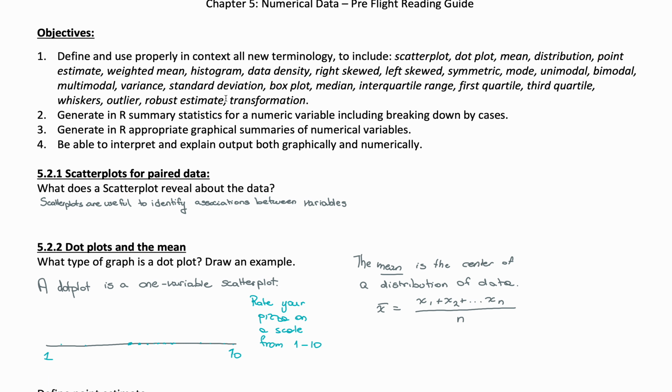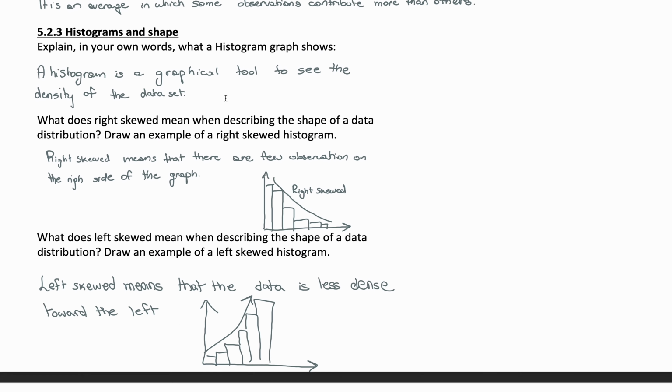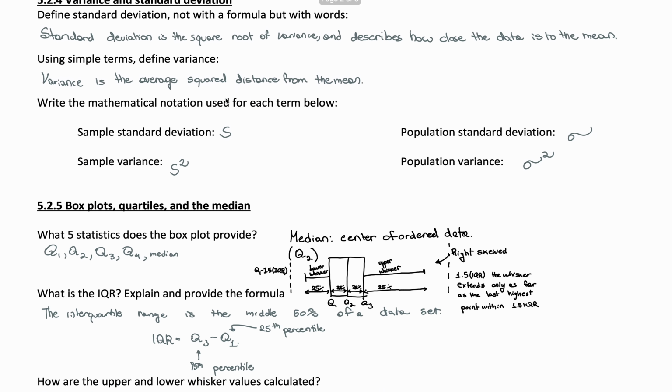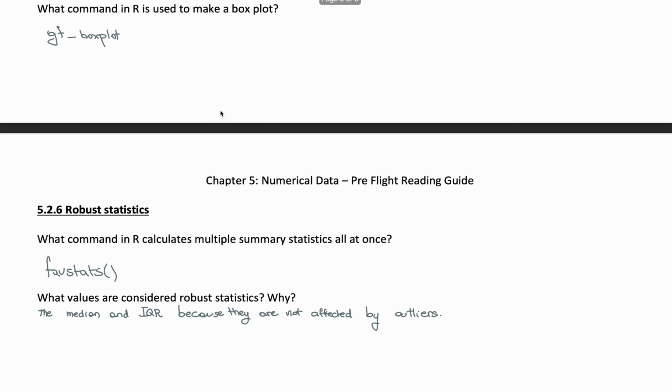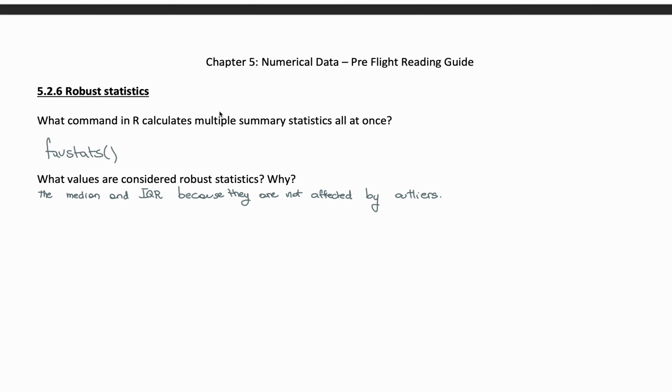And then what other definitions do we have? We have a robust estimate and then transformation. Now, a robust estimate is a type of estimate or robust statistic that is not influenced by the presence of outliers. So say the median is not influenced, because say you have 7 data points, your median is the 4th data point with the data points ordered.